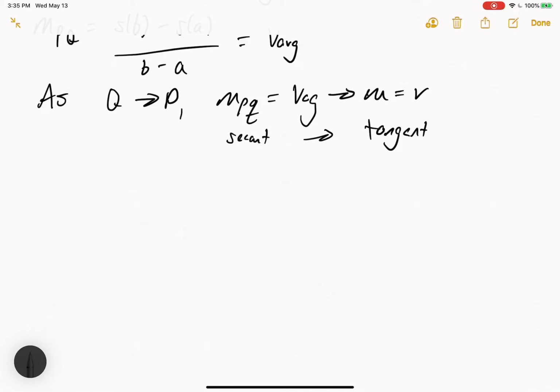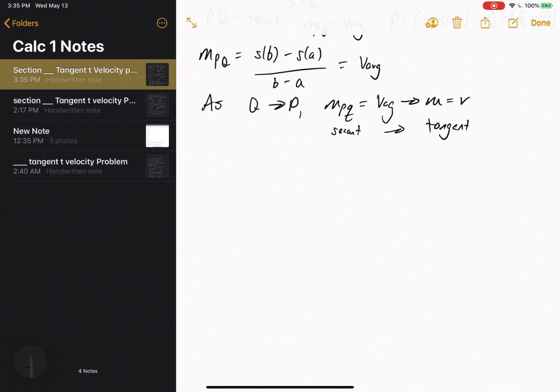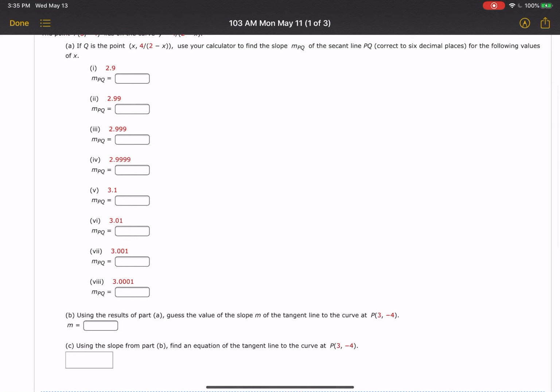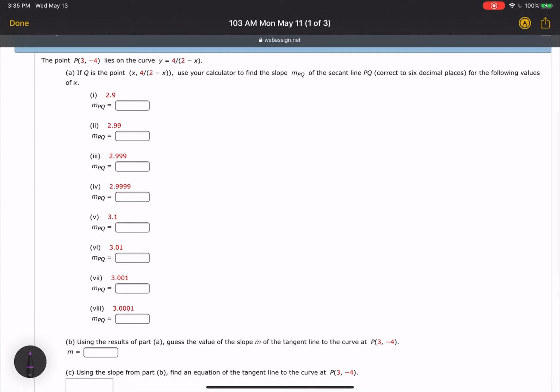All right, let's pull up an example now. I think for the example, I've got an actual homework problem we can do. Oh, whoops. Okay, I think this is the one. Looks like we're going to be doing purple. So we have a point P at (3, -4) on the curve.